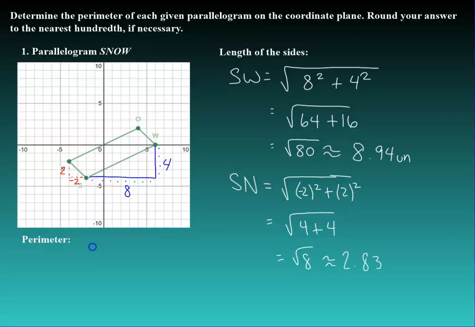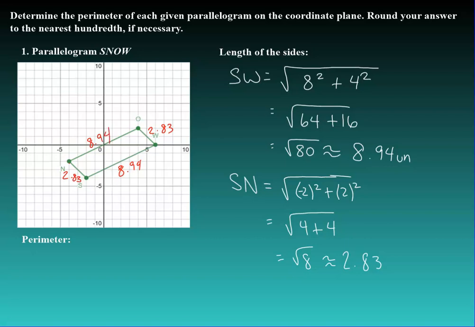Now remember that if this is 2.83, then this up here is 2.83. And if down here we have 8.94, then up here we have 8.94.